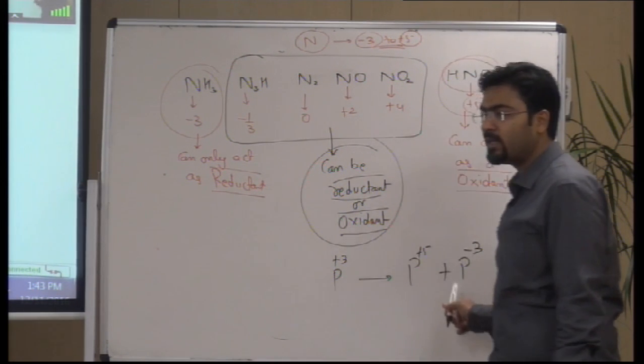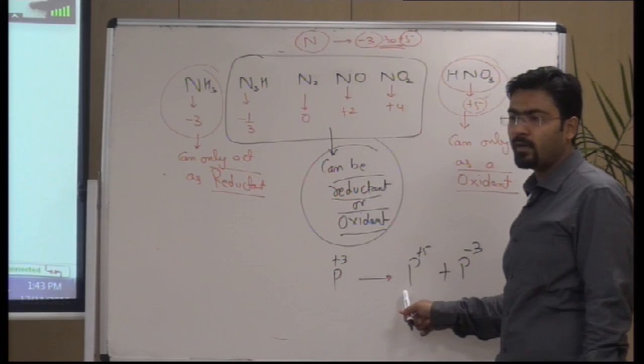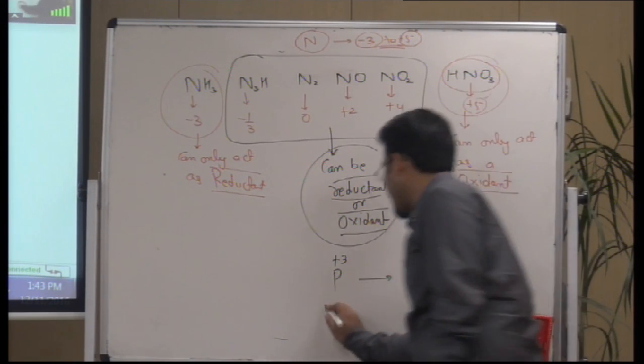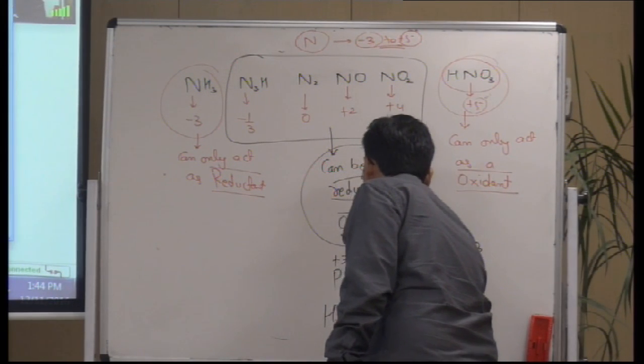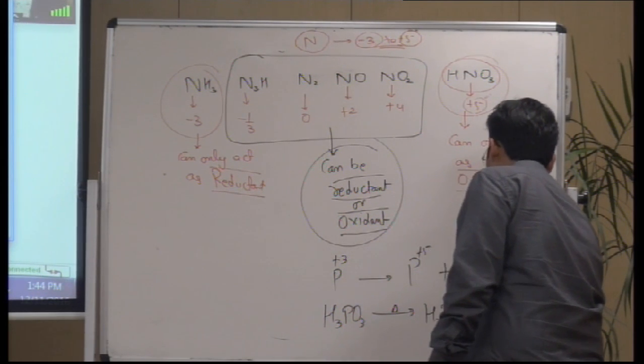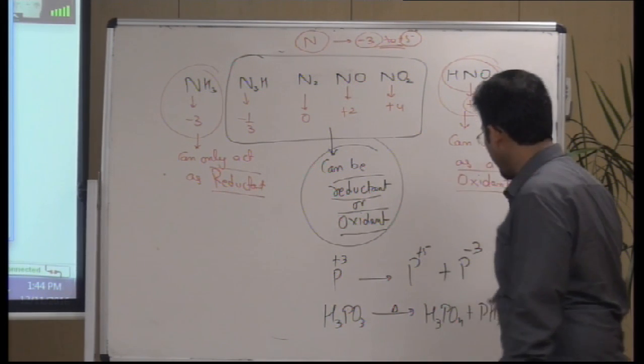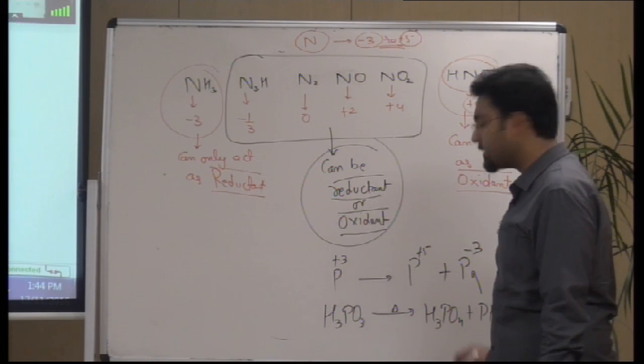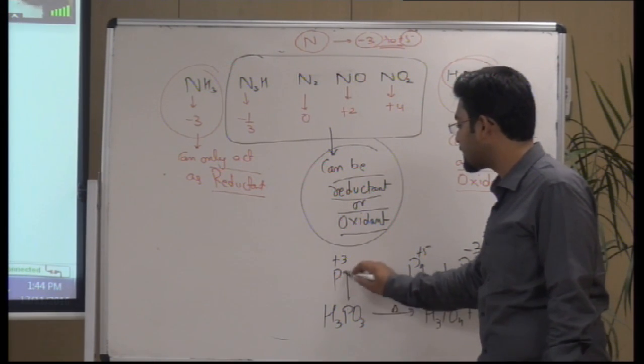In phosphine it is -3 and in H3PO4 it is +5. Remember, H3PO3 on heating converts to H3PO4 and PH3. So in PH3, phosphorus is in -3 oxidation state, in H3PO4 it is +5, and in H3PO3 it is +3.